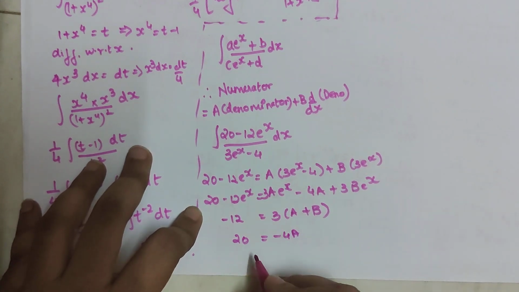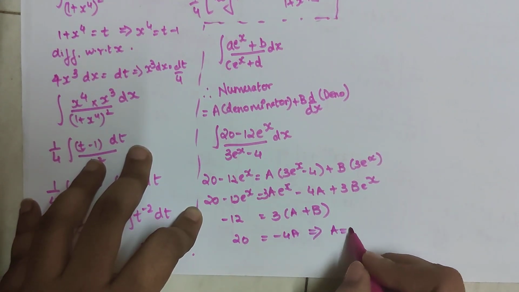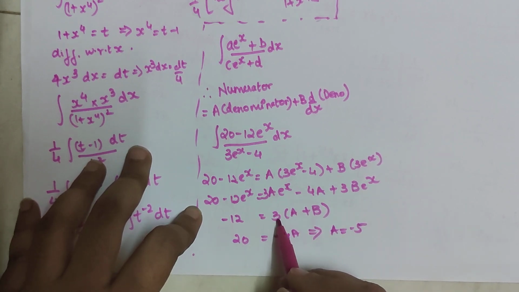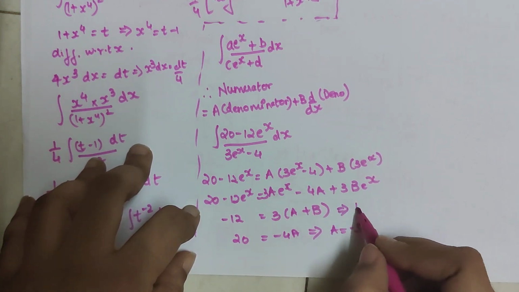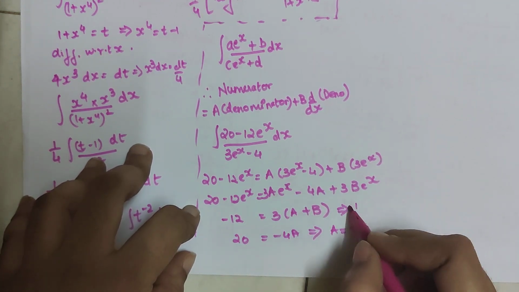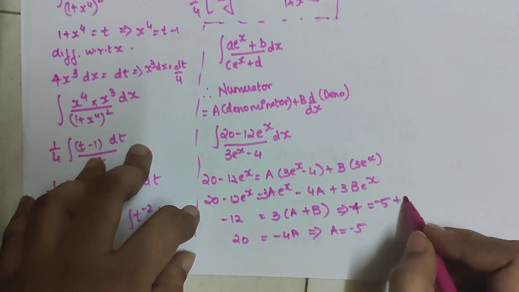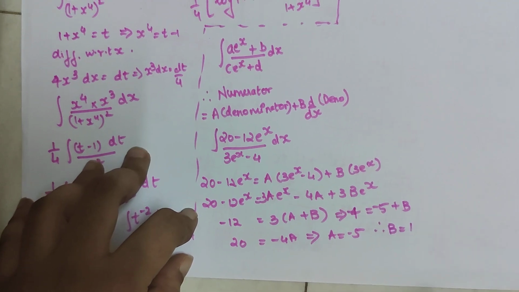Therefore a is equal to minus 5, and putting this over here, 12 divided by 3 is minus 4, which is equal to minus 5 plus b. Therefore b is equal to just 1.